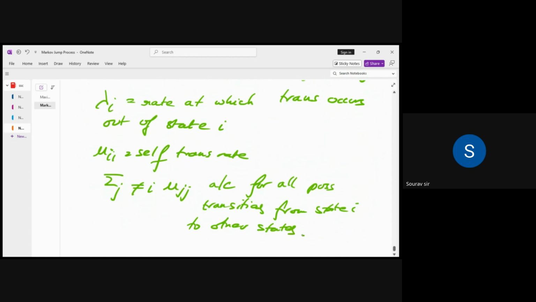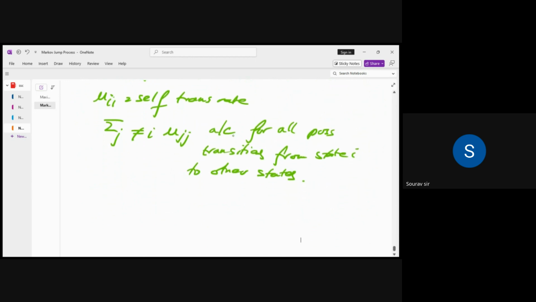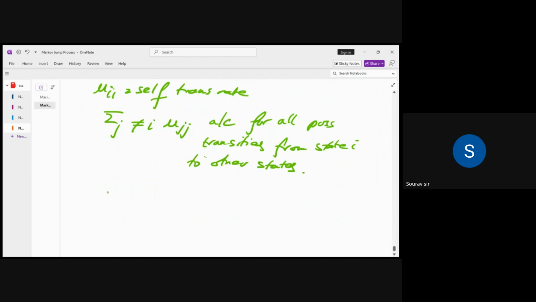So the time the system remains in state i before moving to a different state is an exponential random variable with mean 1 by lambda_i. So now you know that if lambda_i is large, then the denominator is large in the rate sense and the system will transition out of state i quickly.